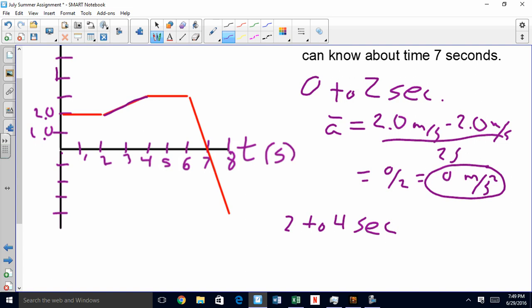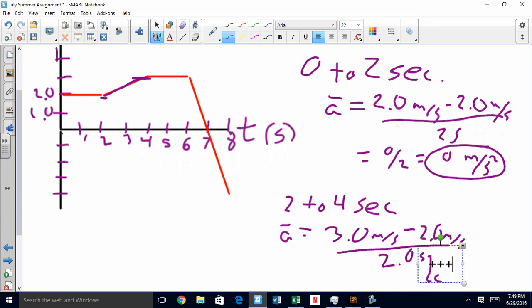If we look at that, our final velocity looks like 3 meters per second, and our initial velocity is 2 meters per second, again over what looks like a 2-second interval.